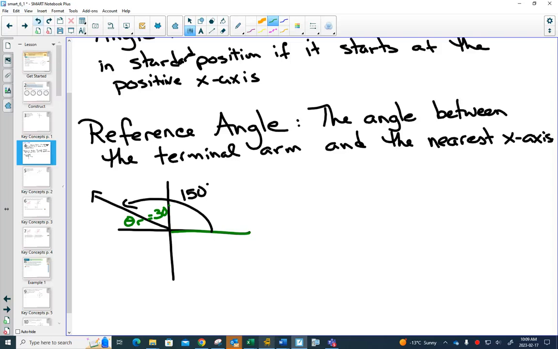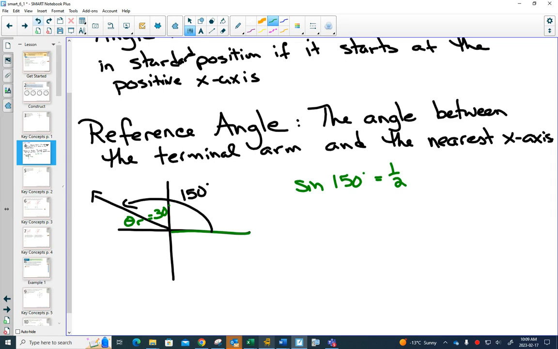Now an interesting thing happens if you go to your calculator and you do sine of 150 degrees, your calculator gives you an answer of 1/2. But you can't draw a right angled triangle with a 150 degree angle.